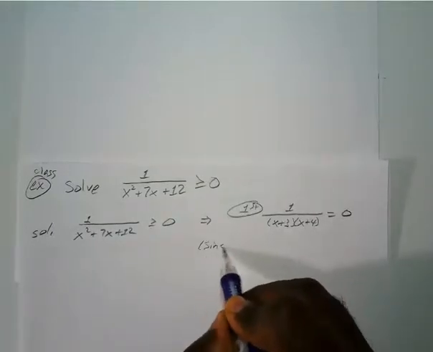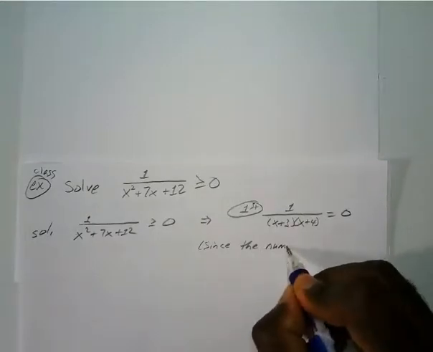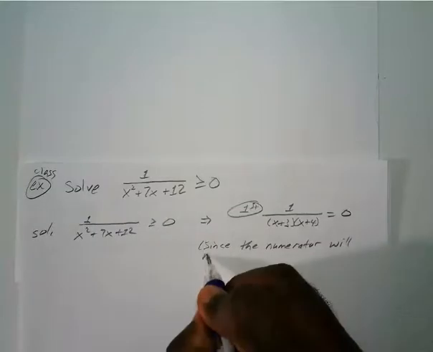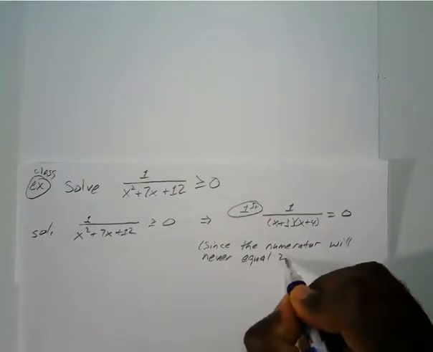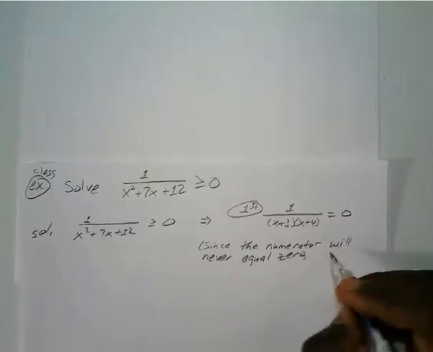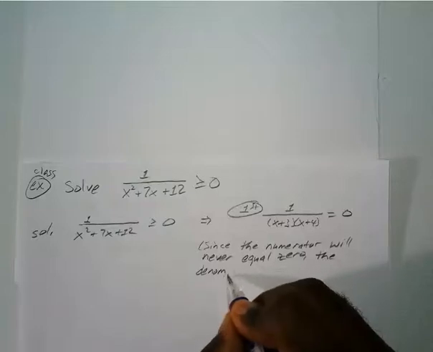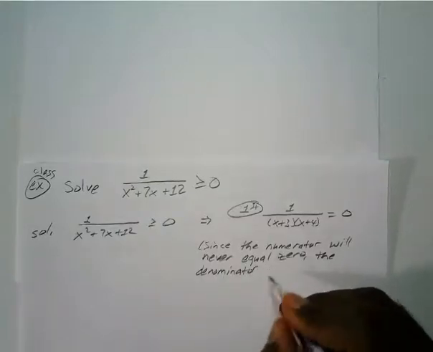So since the numerator will never equal 0, the denominator will give the only critical points.